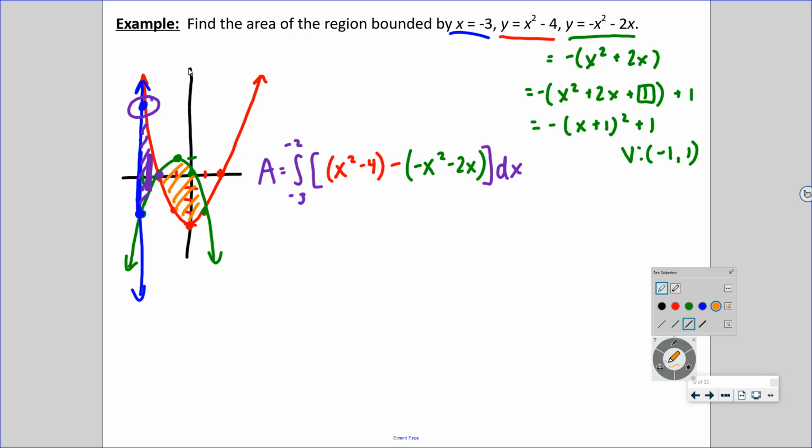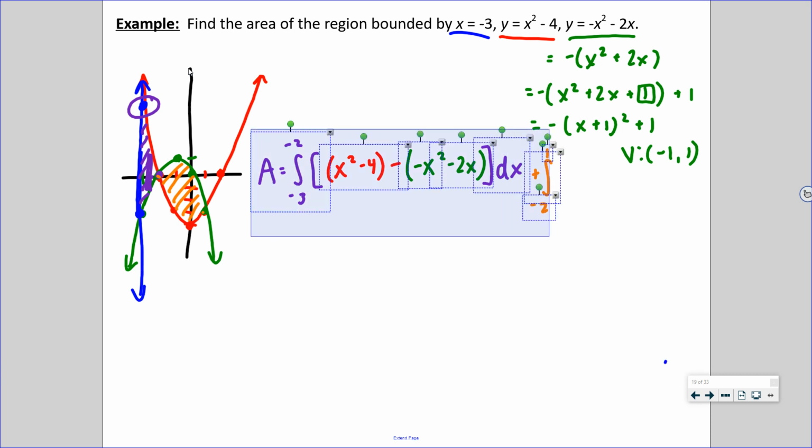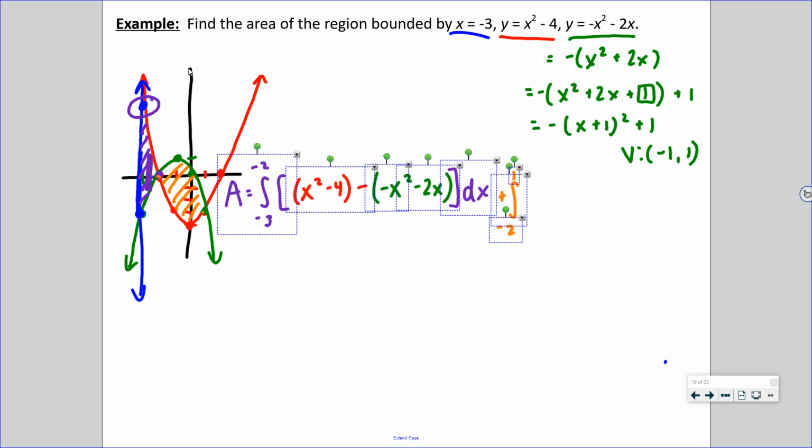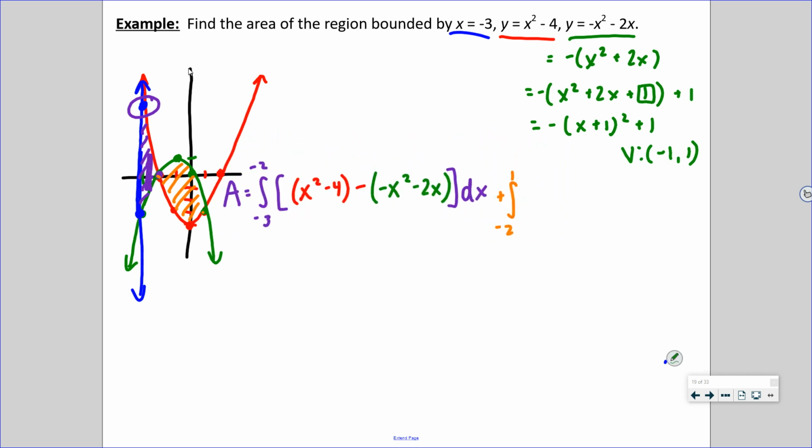Plus the orange would be from -2 to 1. Move this over a little bit. And in this case, my top is the green minus the bottom, which is my red.